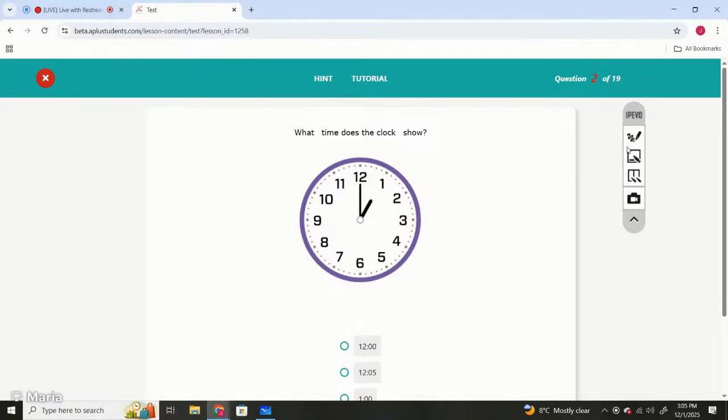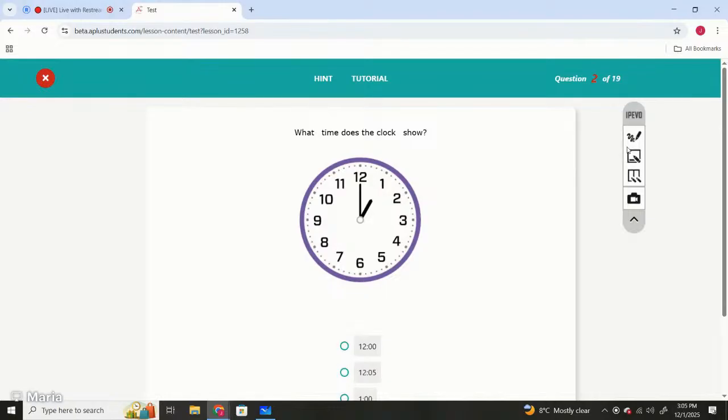What time does the clock show? So which is the correct option? So the shorter hand is pointing to 1, while the longer hand is pointing to 12.